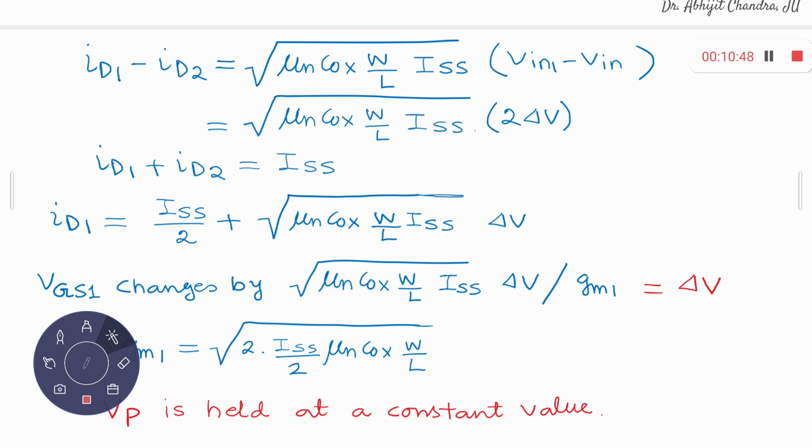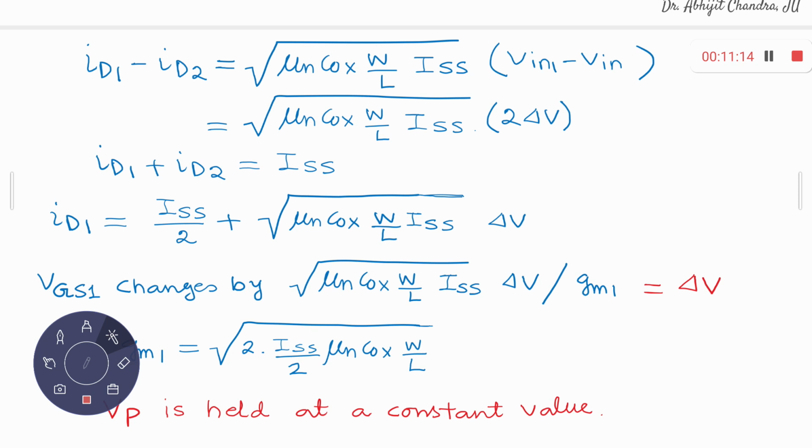Yes. So now the point is, what is that ID1? This ID1 is the total instantaneous current. You have the DC part, and apart from that, you have the small signal variation. You have applied some positive delta V at gate 1 and some negative delta V at gate 2. Therefore, you should expect that ID1 is greater than its DC value, and ID2 is less than its DC value.